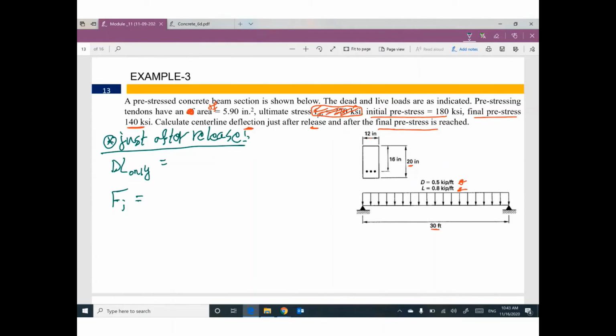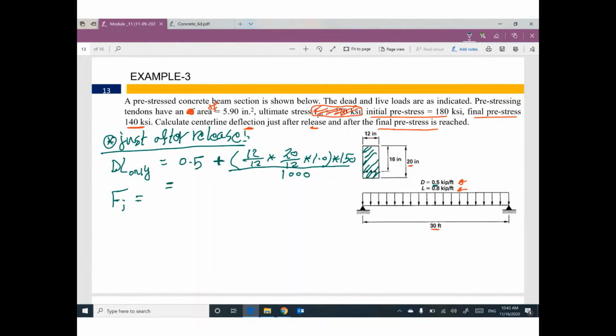Dead load only, how much? 0.5 plus, since the problem did not say anything related to the self-weight of this beam, I need to include it: 12 divided by 12, 20 divided by 12, times 1, times 150, all of them divided by 1000. Why? Because the given dead load is in kips, so I need to divide by 1000 to be in kips.